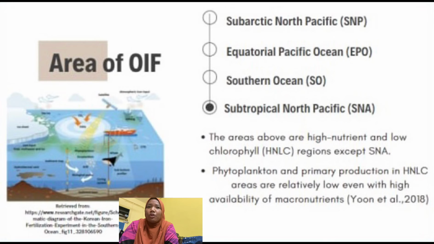Except for the subtropical North Pacific, which is located in a low nutrient and low chlorophyll region. Phytoplankton and primary production in HNLC areas are relatively low even with high nutrients. Despite the high availability of macronutrients, which are nitrate and phosphate, these regions are considered high nutrient and low chlorophyll.